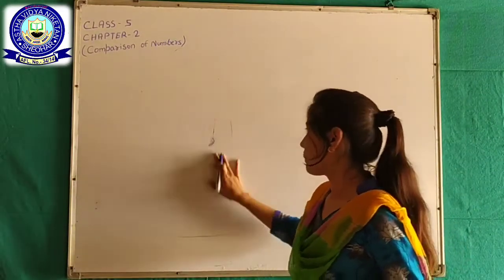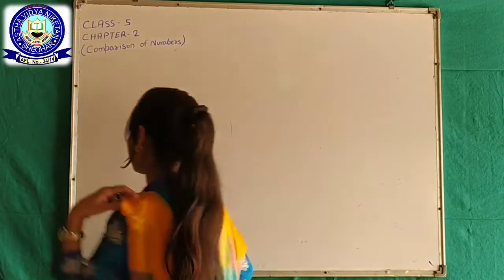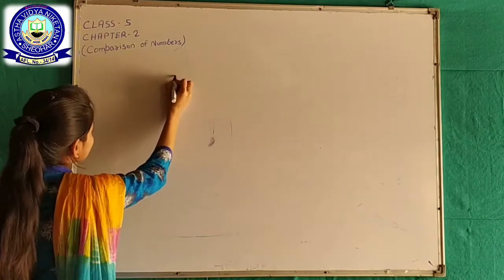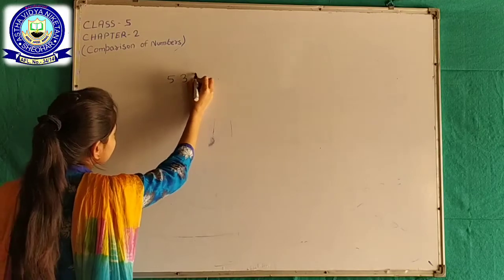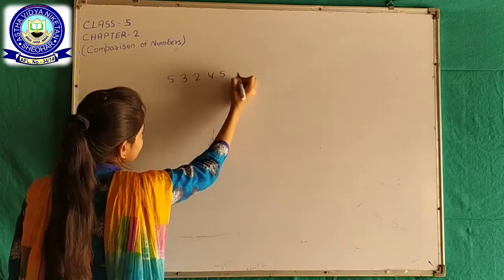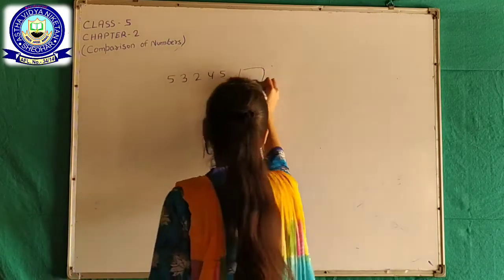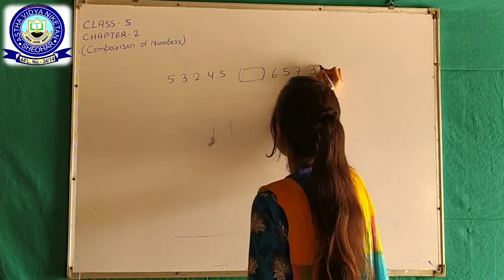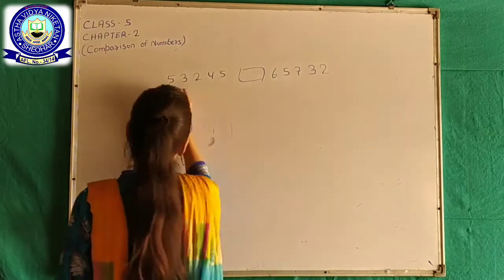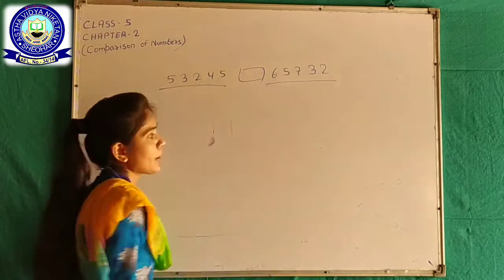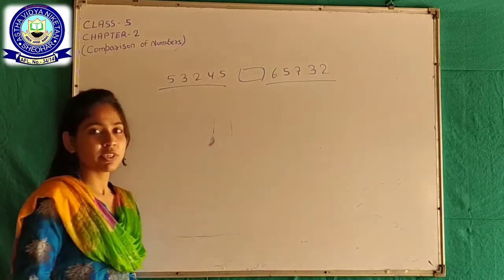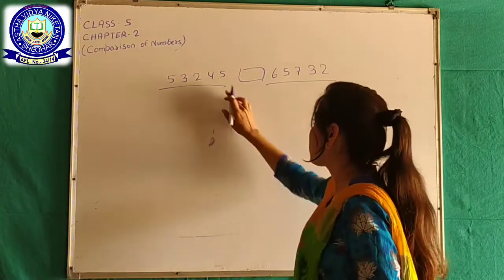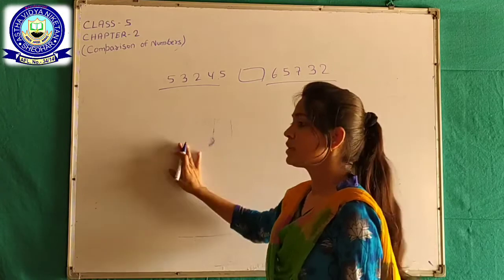We all know a number is a group of digits. You have to compare between these two numbers, which is greater and which is smaller. When we compare two numbers, first of all we compare the digits.